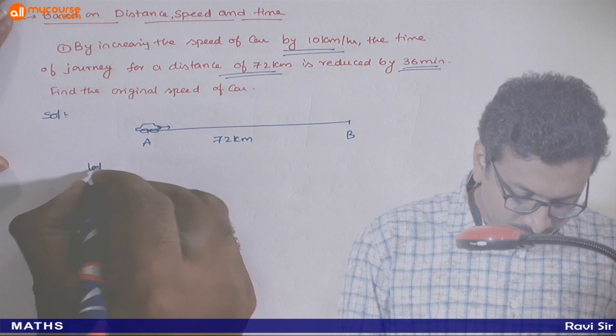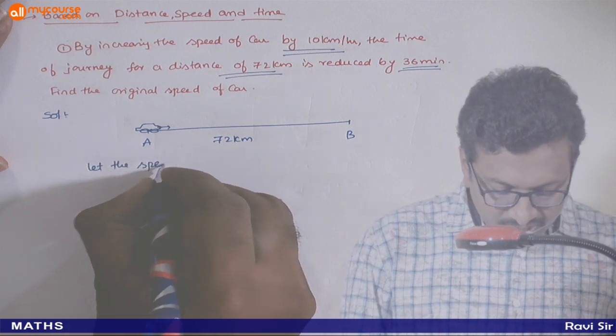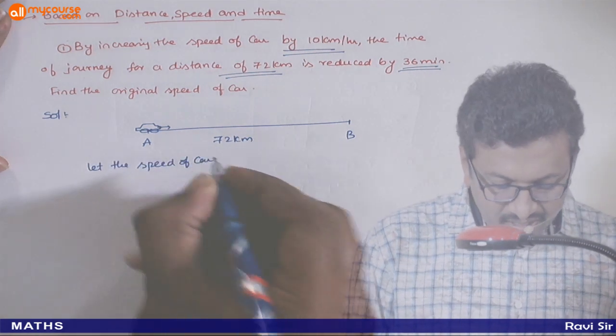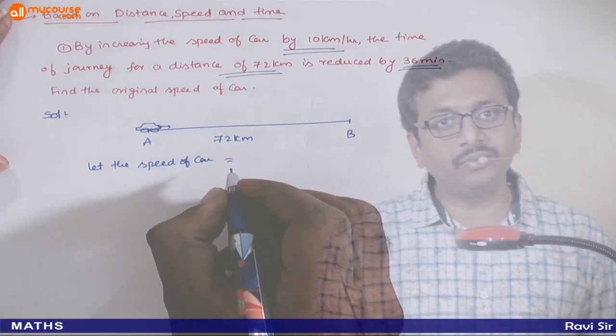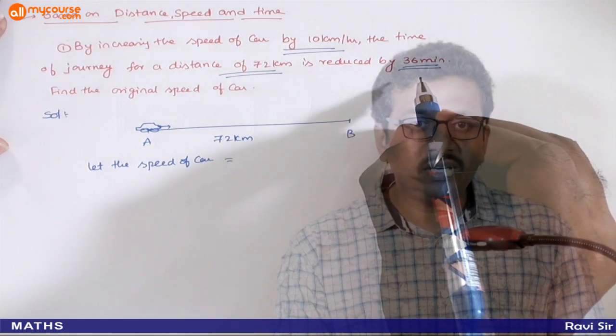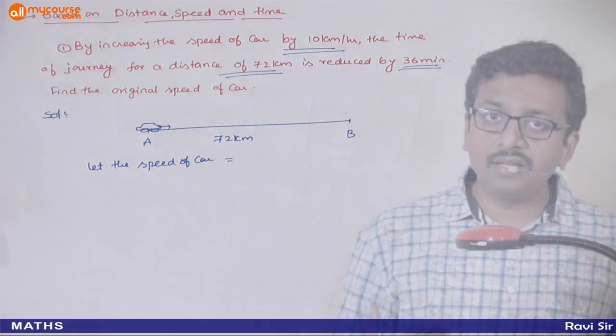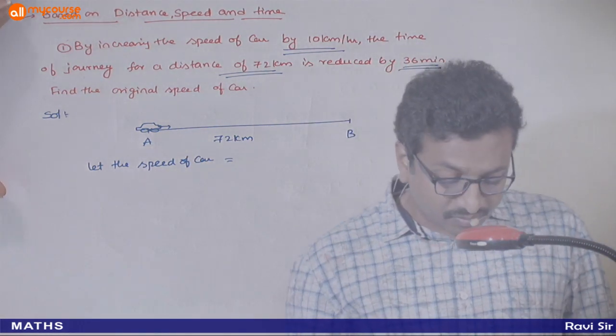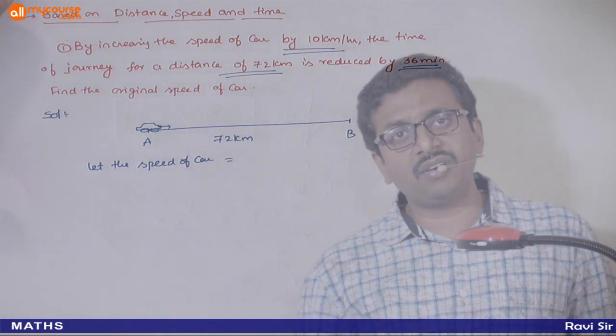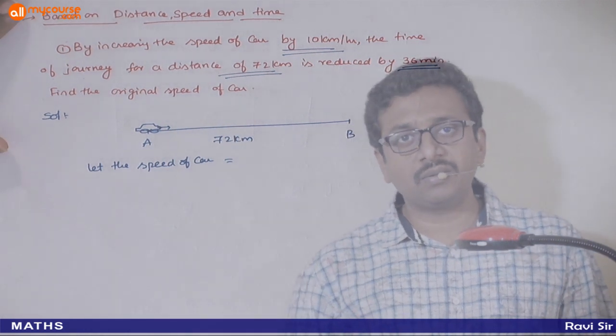So let the speed of the car be equal to, okay, the time is given in minutes. Again, the units of speed of the car are in your hands.